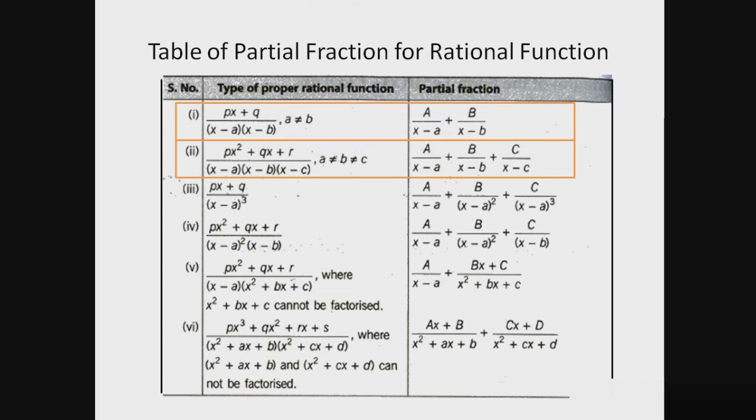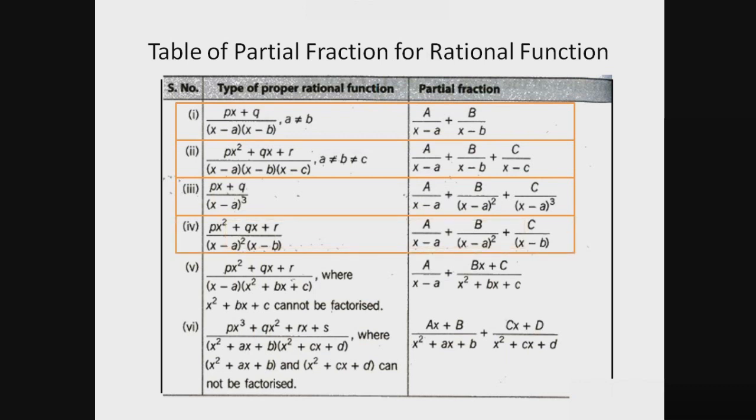At the third one here, we have a polynomial over a linear factor to the power of 3. So let's say at the denominator we have a power like this. We need to write the repeated linear factor in increasing order of power. So we have A over x minus a to the power of 1, plus B over x minus a to the power of 2, plus C over x minus a to the power of 3.